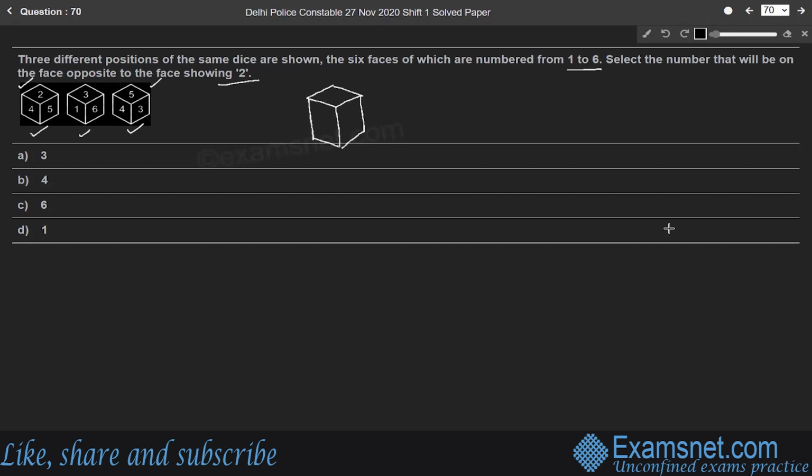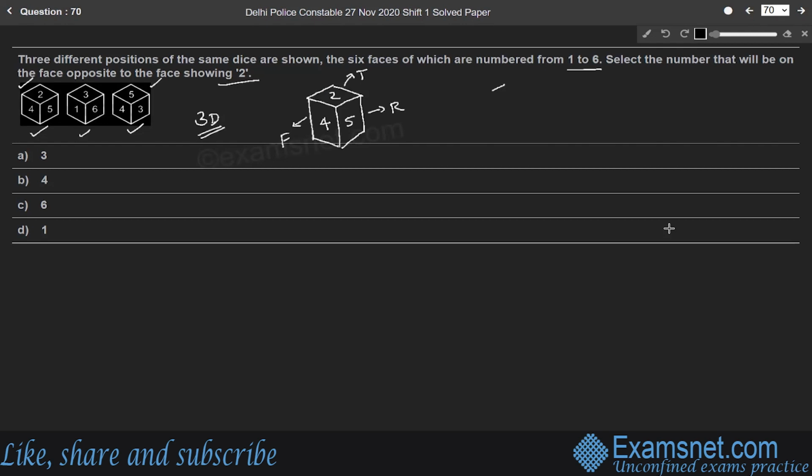In the first position, 2 is on the top, 5 is on the right, and 4 is in the front. Since dice is a three-dimensional object, imagine 4 is in the front, 5 is on the right, 2 is on the top.